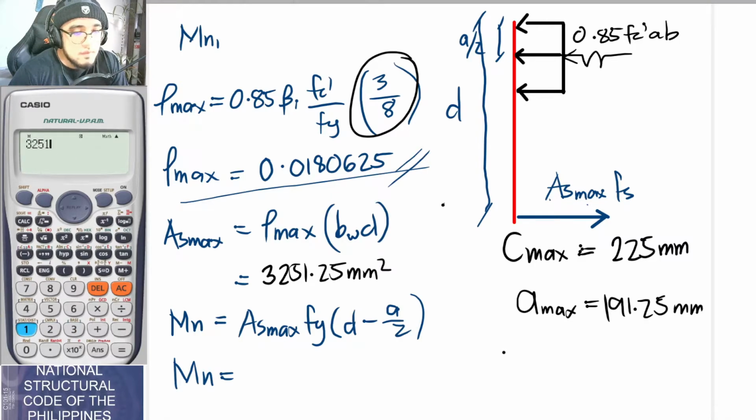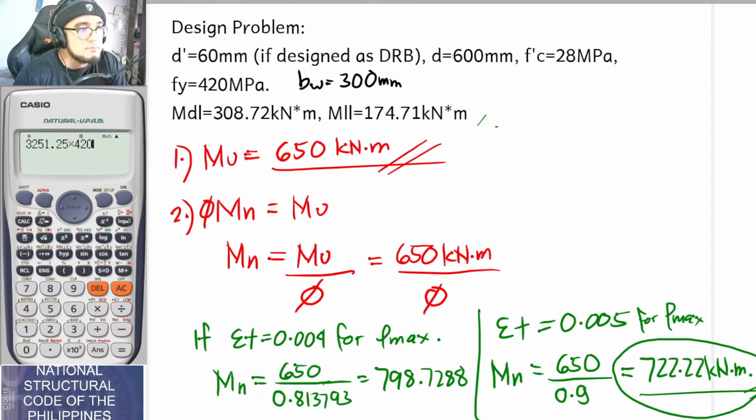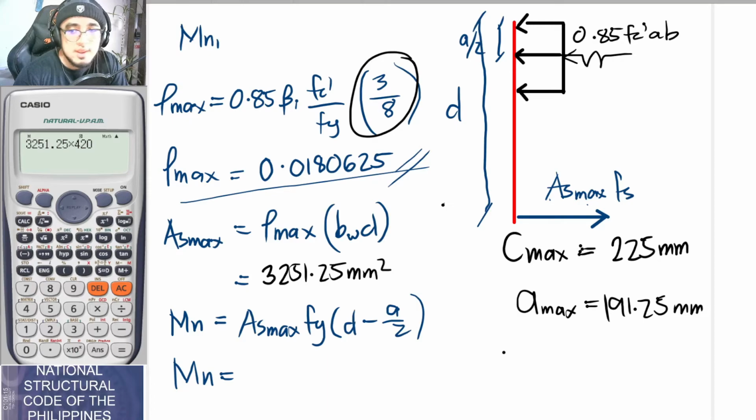3251.25 times fy, and our fy is 420. Okay, 420 times d minus a over 2. Our d is 600 minus a over 2, so a divided by 2.